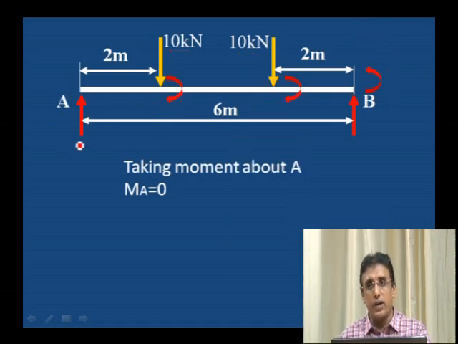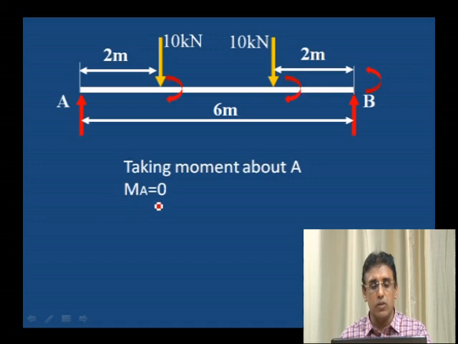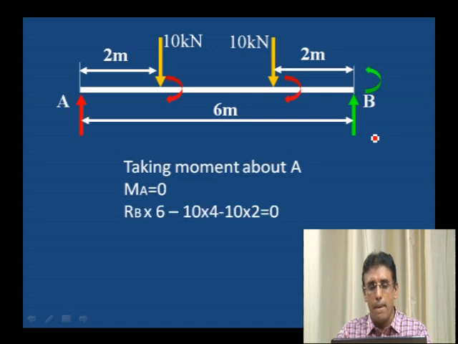First, we have to calculate the support reactions. For calculating the support reactions, we have to take the moment about A. Moment about A, MA, is equal to 0. First, reaction RB, that is an anti-clockwise moment, RB into 6, the distance from A to B is 6.